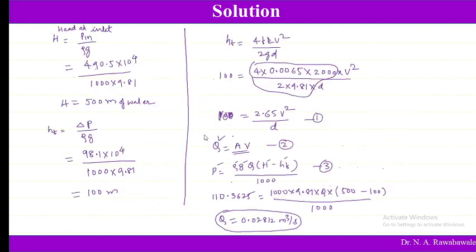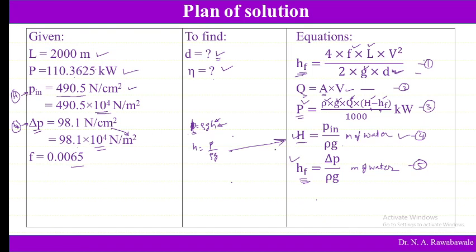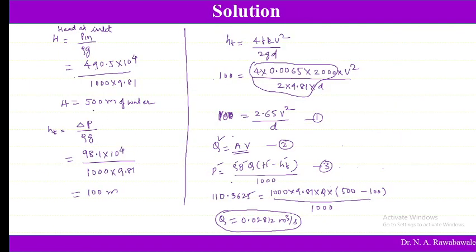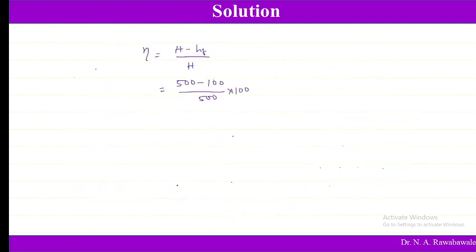The efficiency is 4 by 5, which means 80% is the efficiency of power transmission.